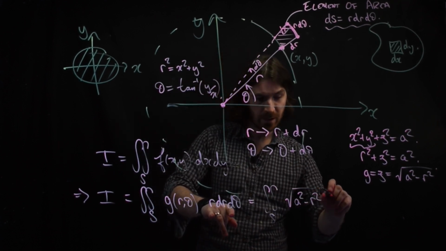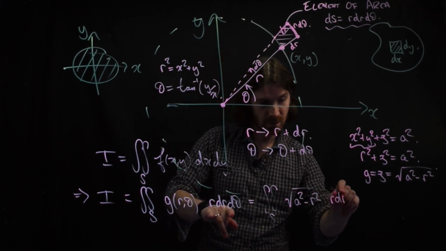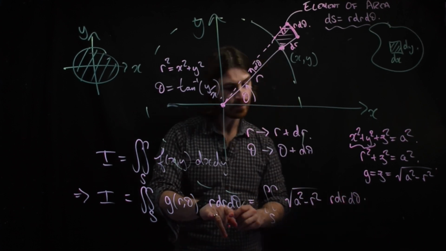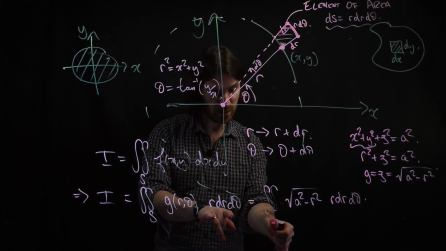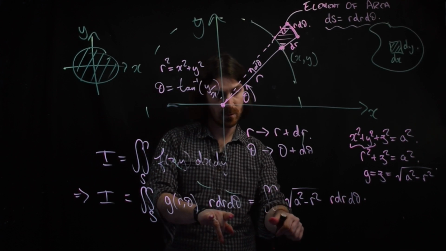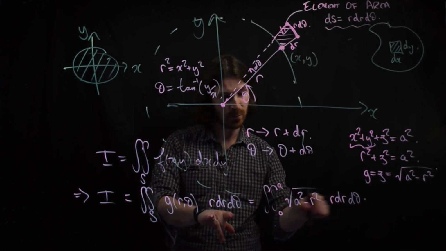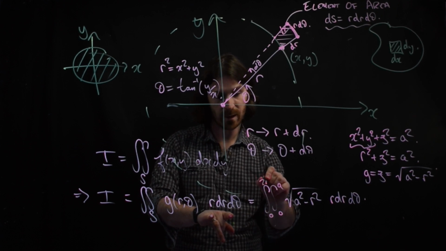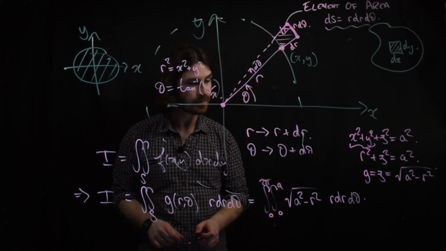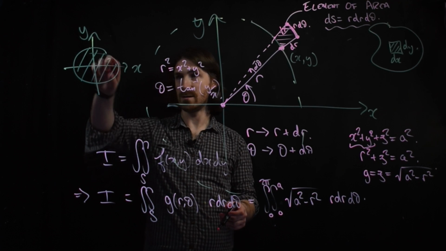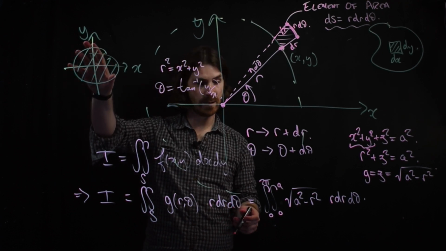And now we've got our area element r dr d theta. We know what the limits are: we go from r equals 0 to a, and we go from 0 to 2 pi in theta. So this region S is the circle in the xy plane again.